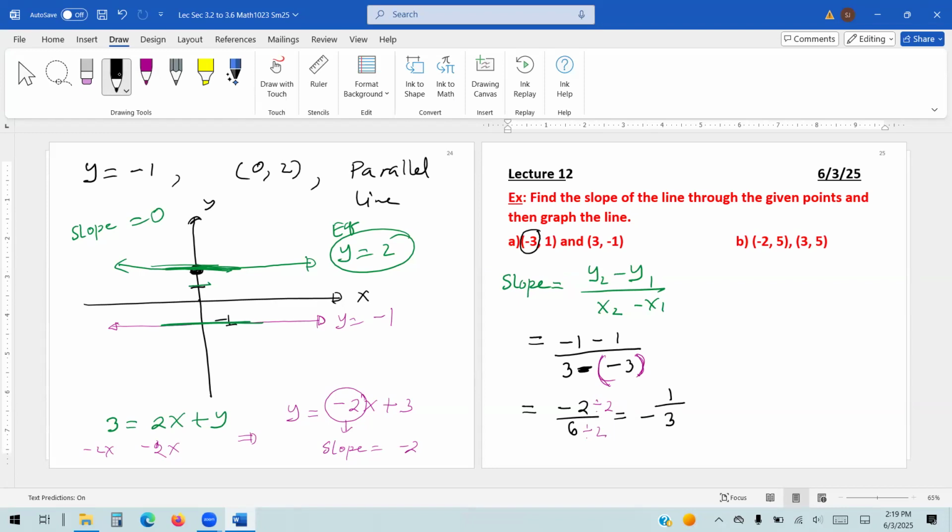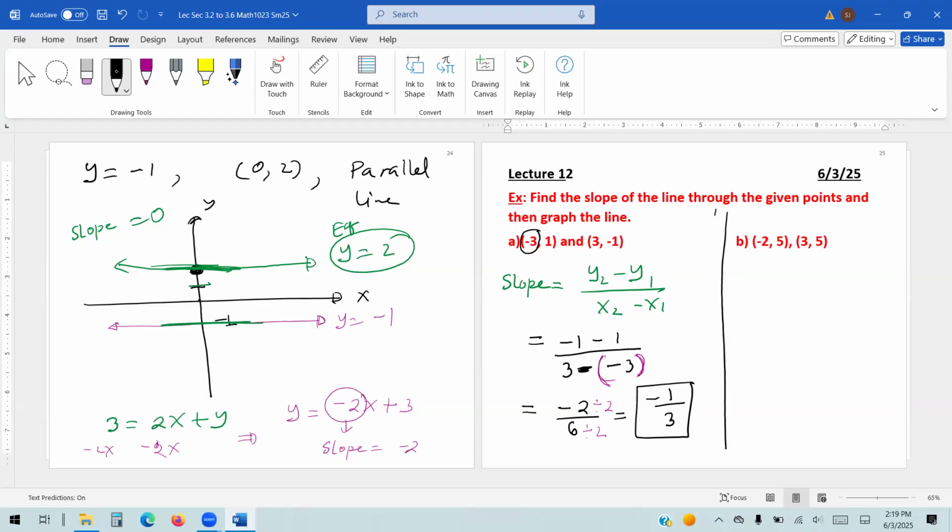The negative sign you can put on the top, on the bottom, or in the front. It doesn't matter. Okay, the answer is not 3, not negative 3, it's negative 1/3. So we always have to simplify it. Always. Anytime you have a number that is simplifiable, you must simplify.